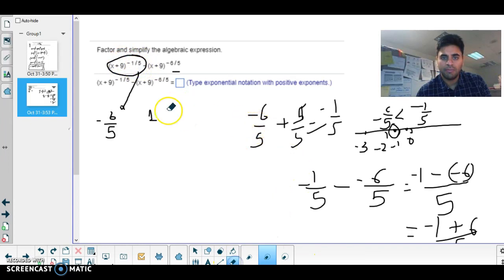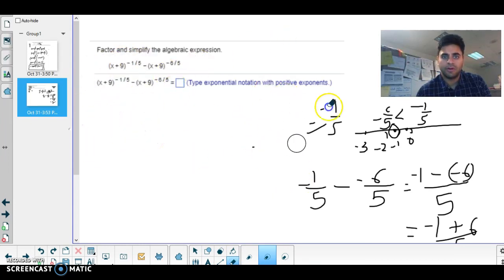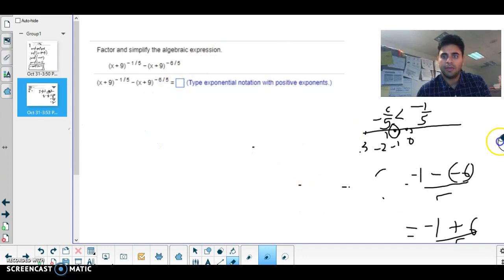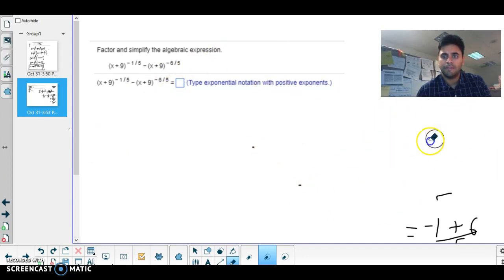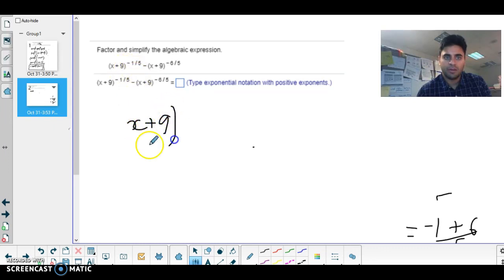If that's okay, I can take this off. Let's try to do it here, nice and clean. So first term, x plus 9 to the power negative 6 by 5 multiplied by x plus 9 to the power 1.